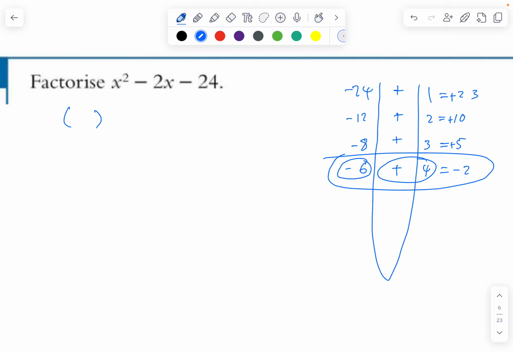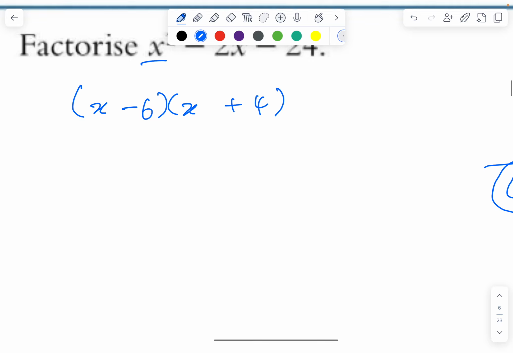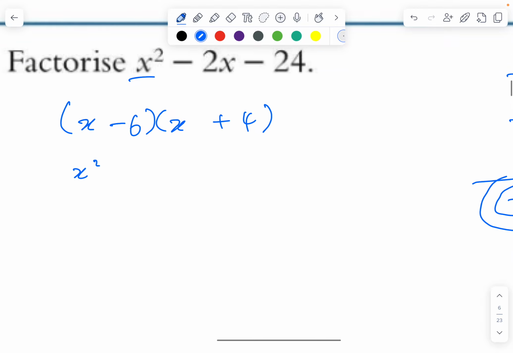So we open our brackets. Remember the brackets. And then this is x for this factor. And then we have plus 4, and we have minus 6. That's what we need to add there. If you multiply these things using FOIL, you can check if the answer is indeed what you factorized to be true, because it must always give you back exactly what's on top there.